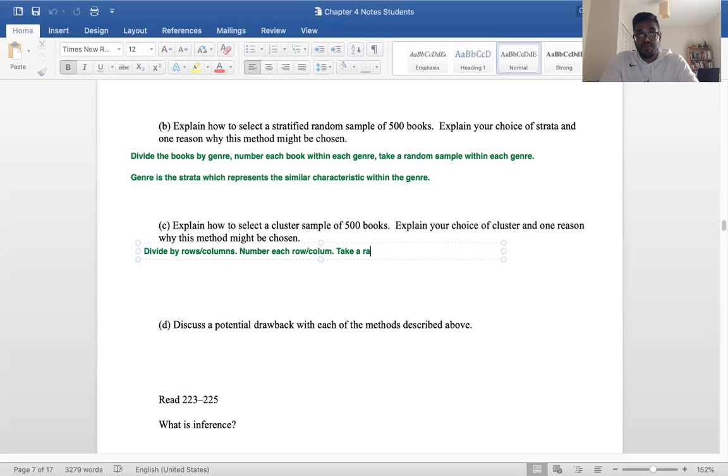Take a random sample of those. Use all the books in the randomly selected row or column. And here your cluster is divided by location.